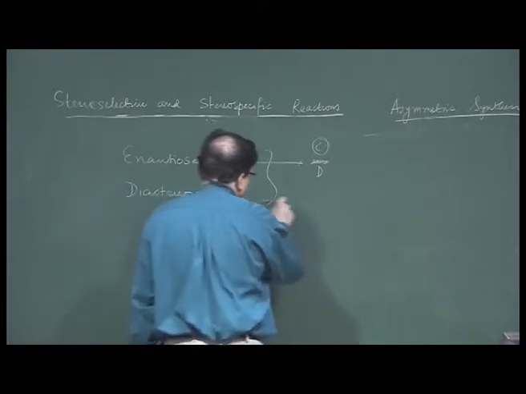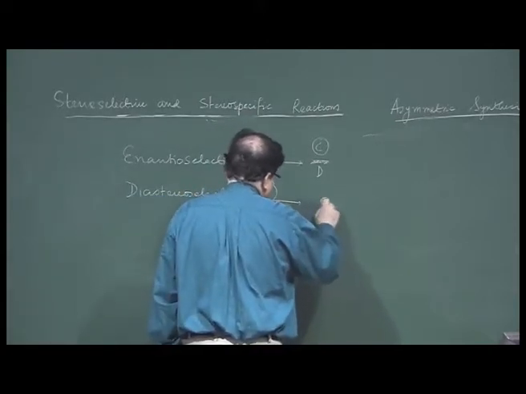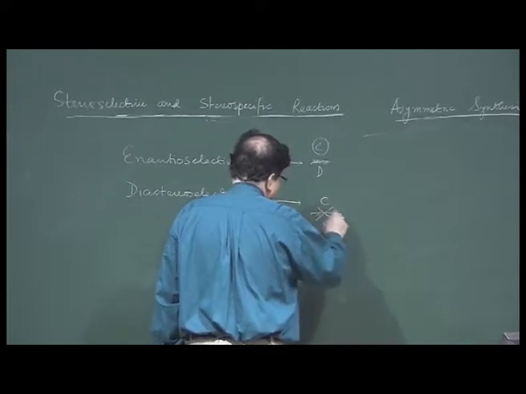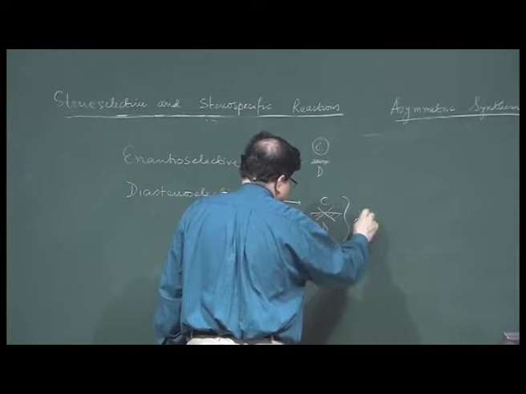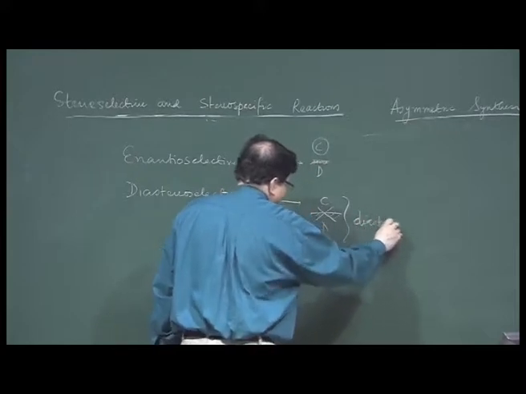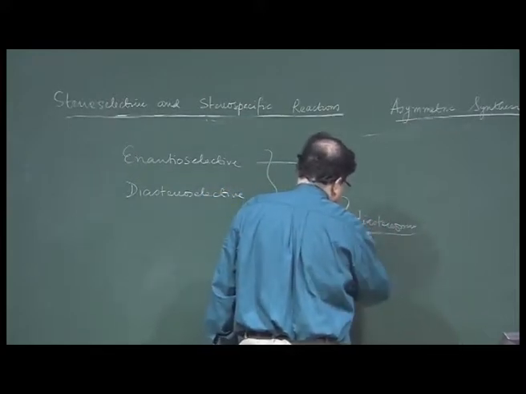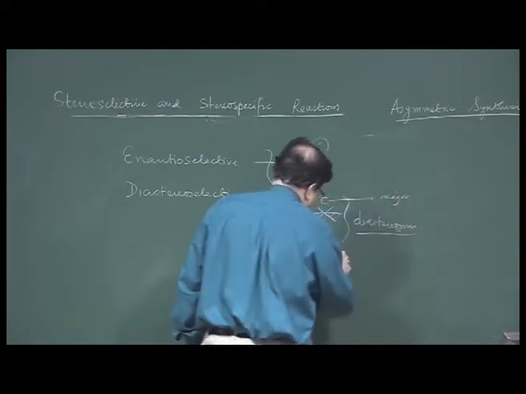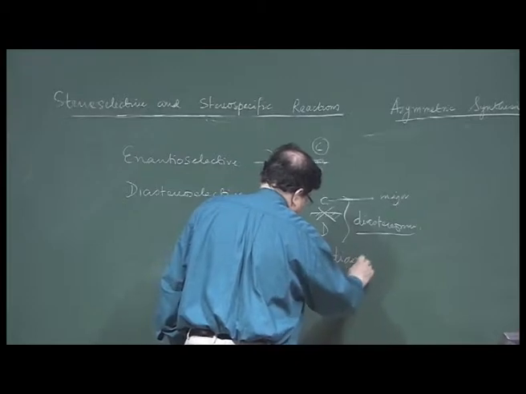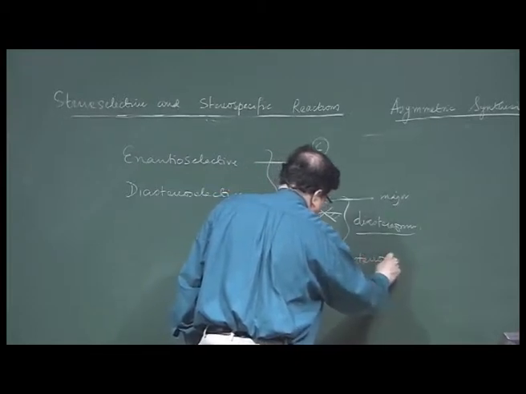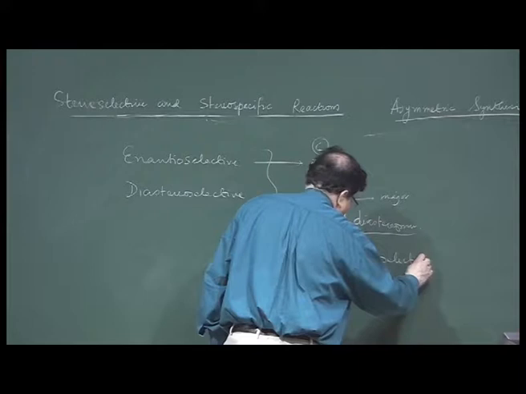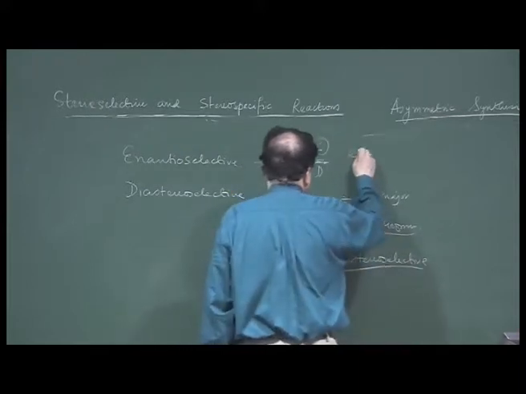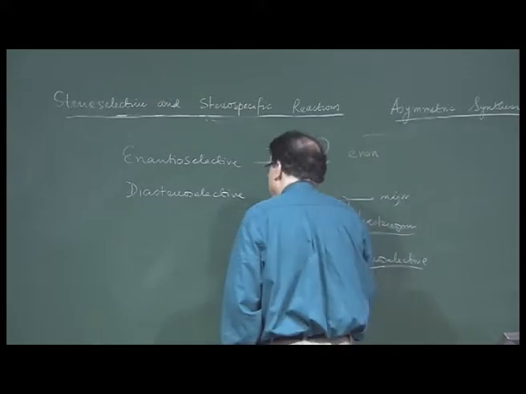If it happens that C and D are not mirror images, they are diastereomers, and you get only one in major amount, suppose C is in major amount, then that will be called a diastereoselective reaction.